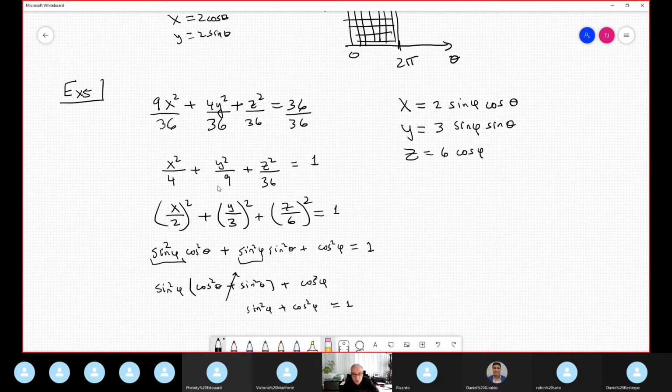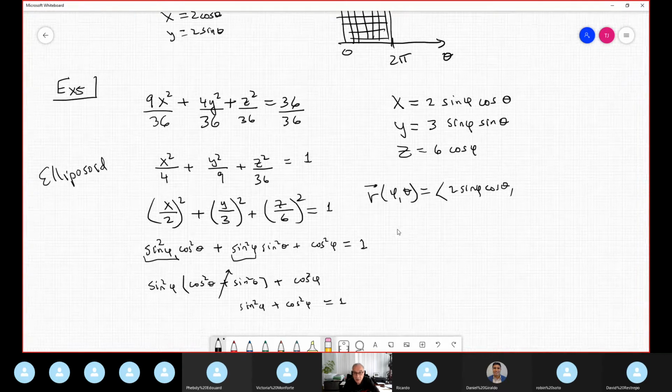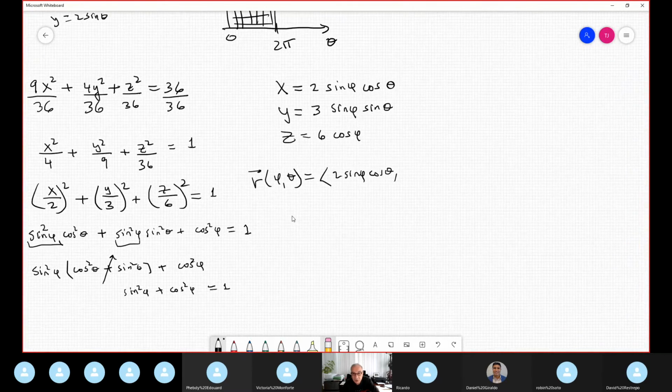So, the vector valued function to define the ellipsoid is r of phi comma theta, and the x component is 2 sine phi cosine theta, comma 3 sine phi sine theta.